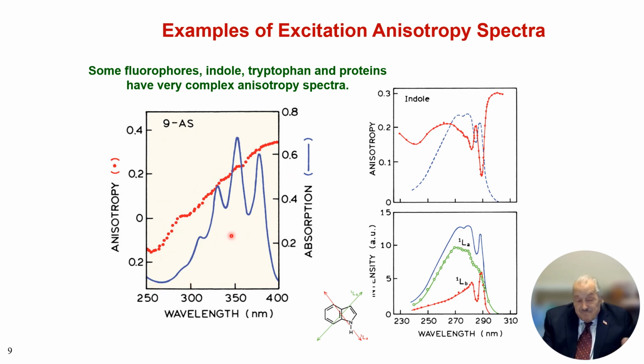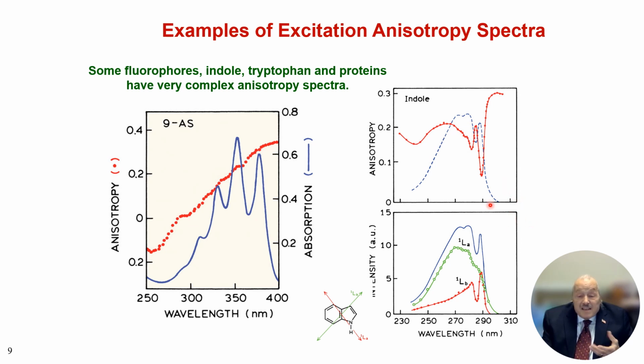So this is a typical anisotropy spectrum, and fortunately or unfortunately, for the indole, the molecule that we care about the most because of its dominance in protein fluorescence, it has two transition moments that pretty much lie on top of one another.